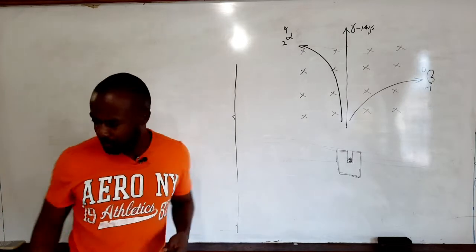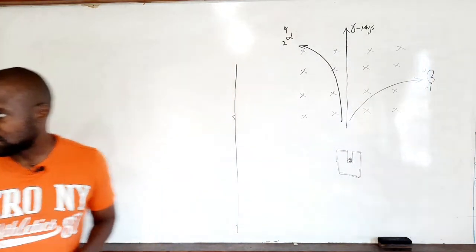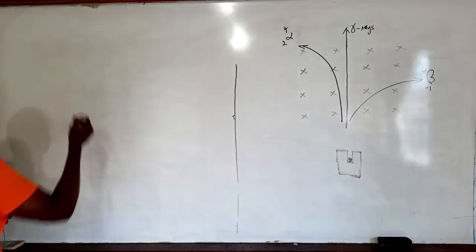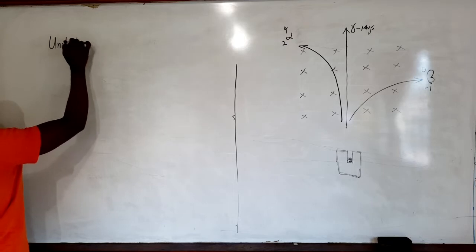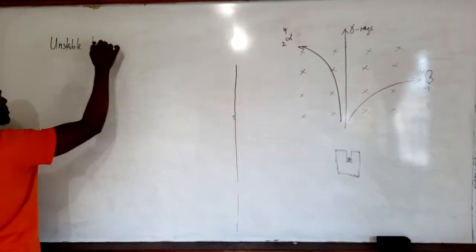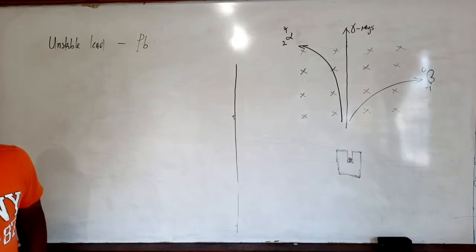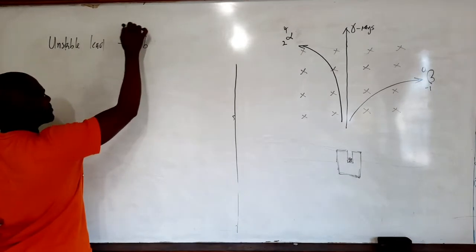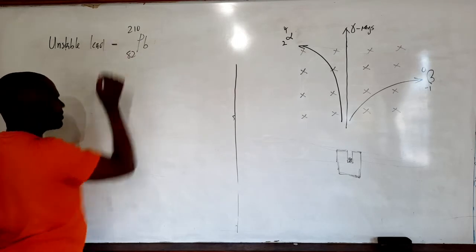All right, so this is information that we're given. We have this is essentially unstable lead. So Pb-210-82, right? So that is unstable lead.